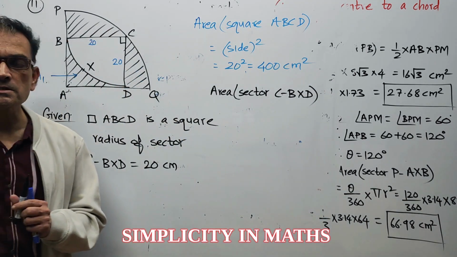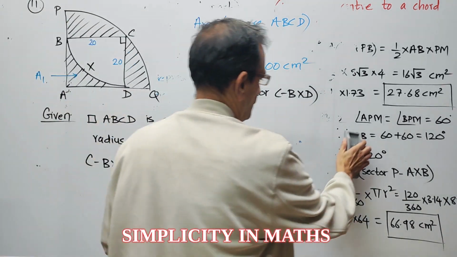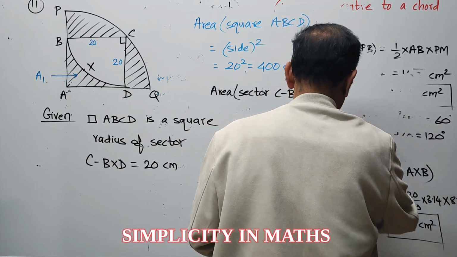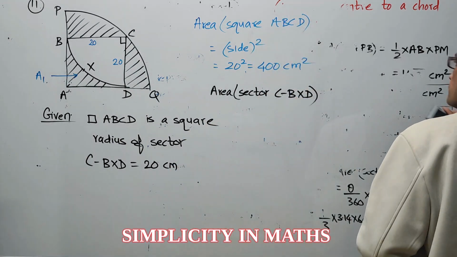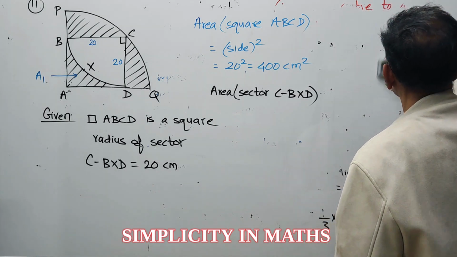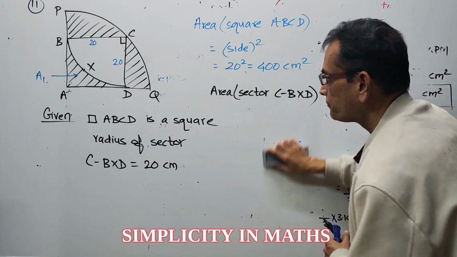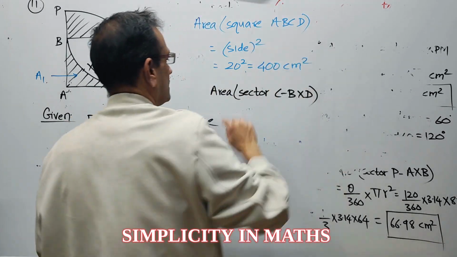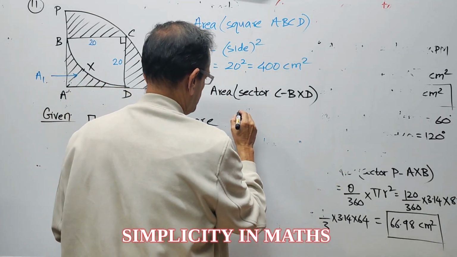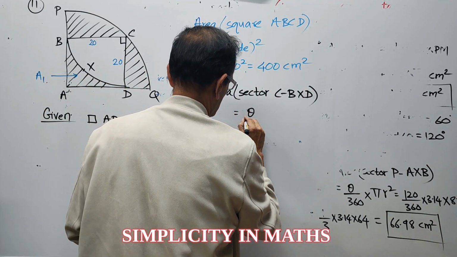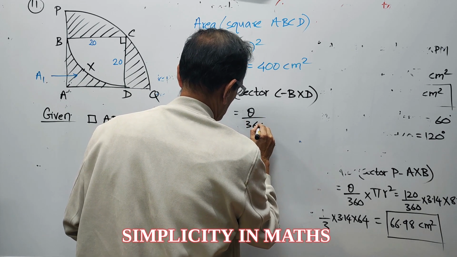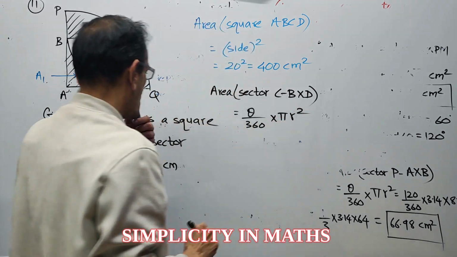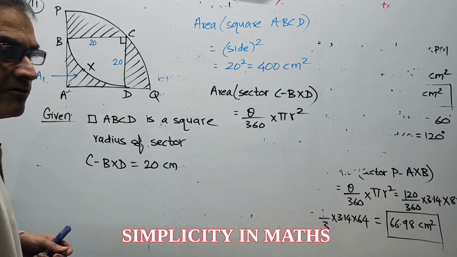Area of sector C dash BXD. Write the formula: theta upon 360 into pi r squared.